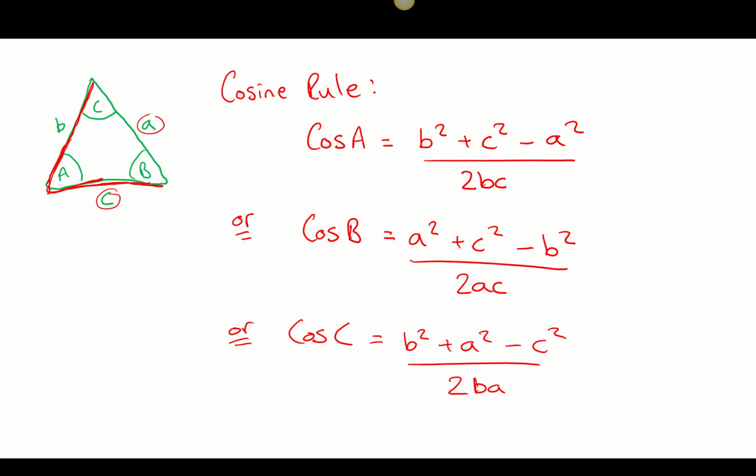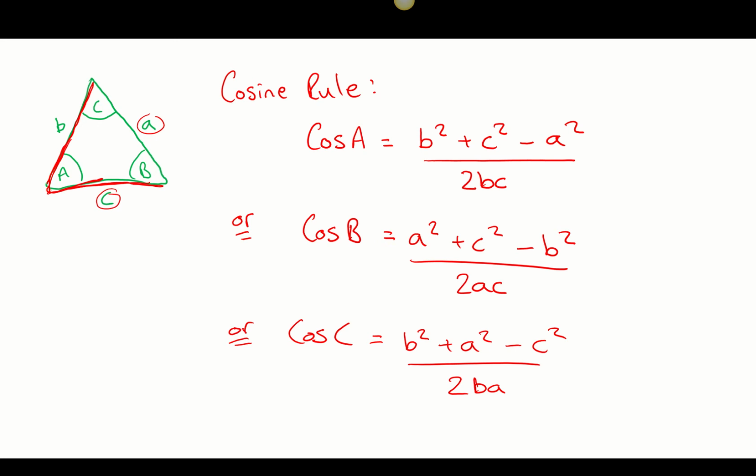Now we can manipulate the cosine rule so that instead of just looking for an angle, we can look for one of the sides. Say we were given the angle A and the two sides that make it up, we could find the other side opposite to it.